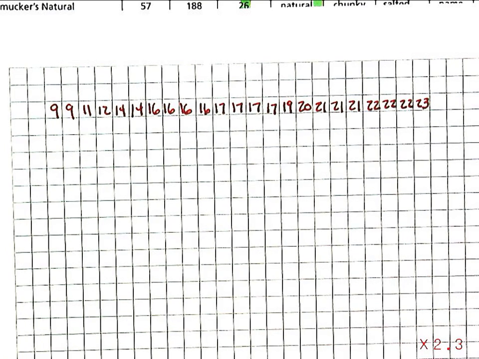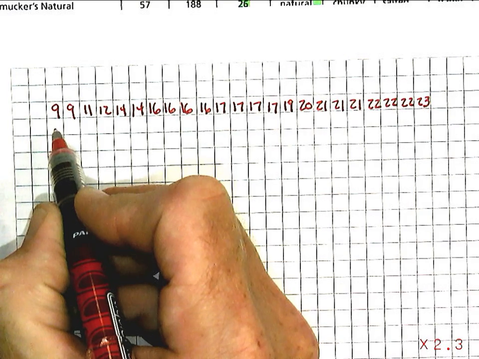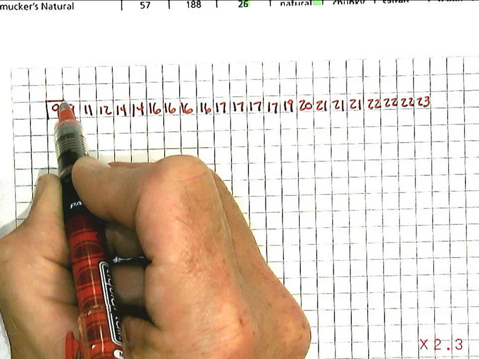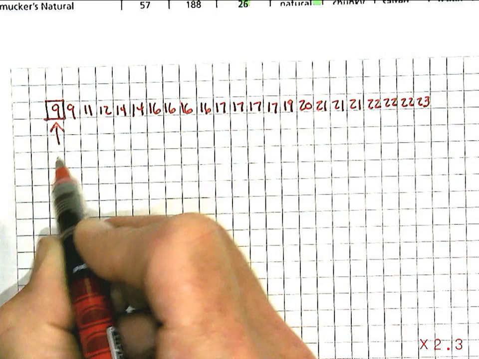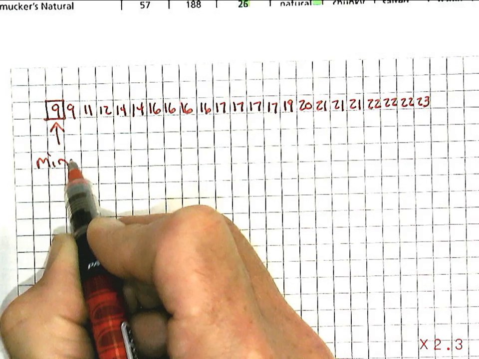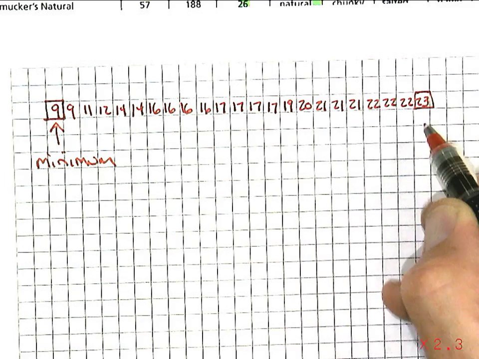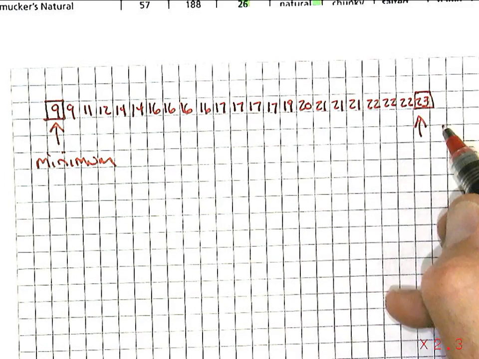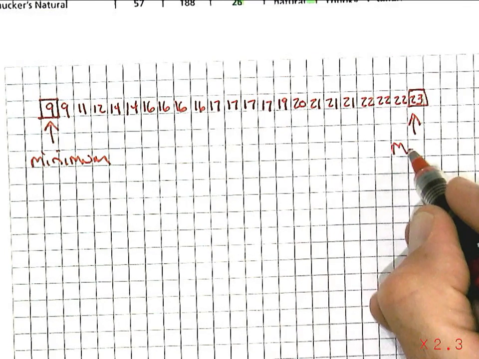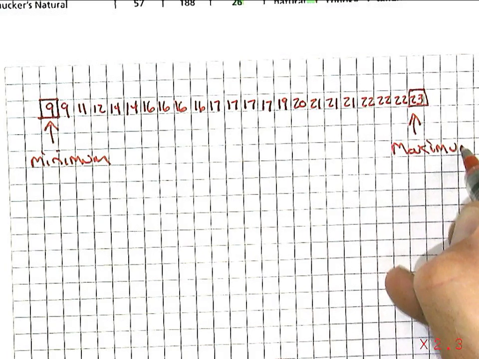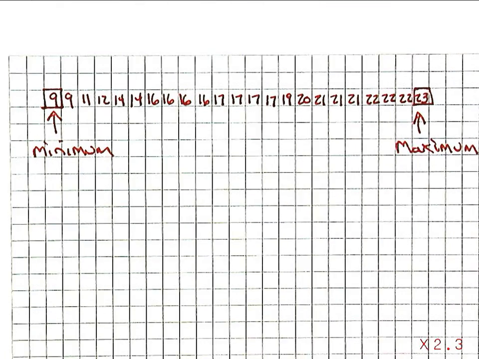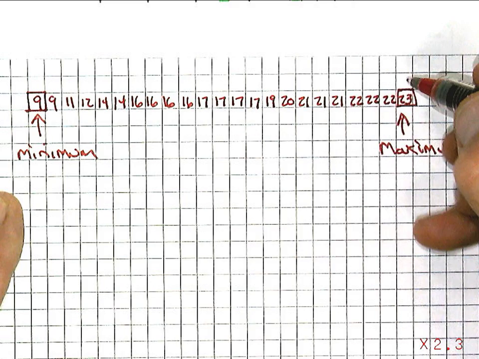And so once again, we're going to do the same thing. We're going to find those 5 numbers. And so the easy ones, of course, are the minimum and the maximum. So the ones on either end. And now we're going to find the middle. And so I can kind of use this idea of kind of checking off.